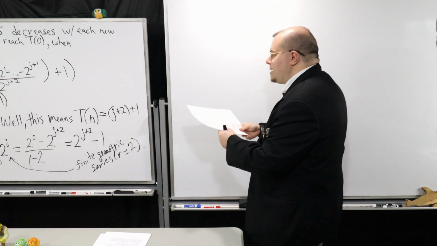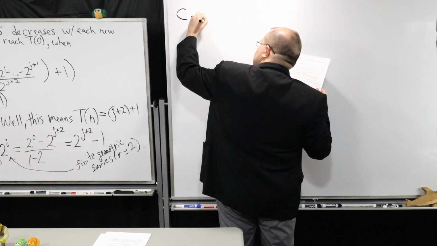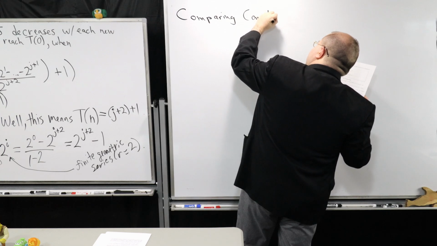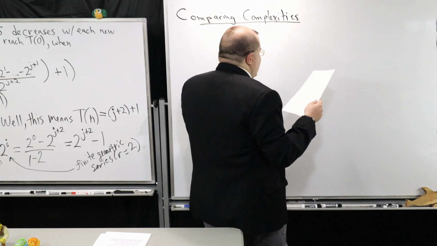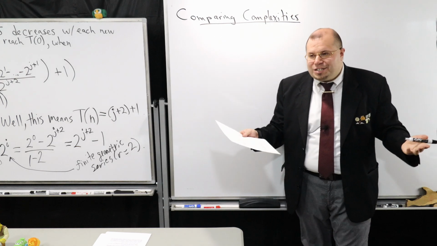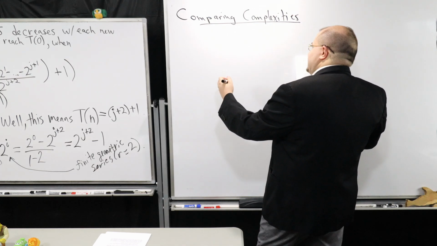So I just want to compare the complexities of linear search versus binary search. I haven't really explicitly said, if this one has this big O and that one has that big O, what does it mean in terms of efficiency for solving a problem? I want to address that right now.